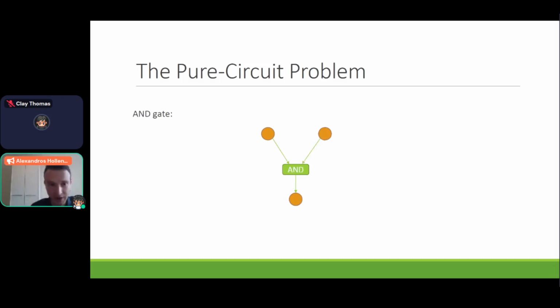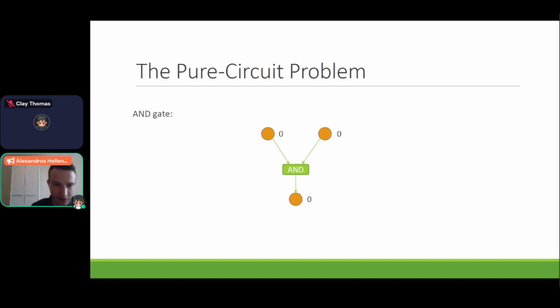Okay, now let's move on to the AND gate. Again, the high-level idea, the philosophy is the same. Let's first go over the pure bit cases. So the AND gate has two inputs and one output. What if the two inputs are 0? Well, the AND of 0 and 0 is 0.